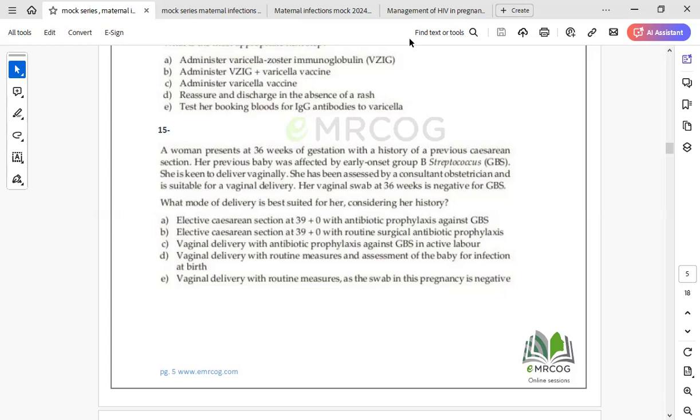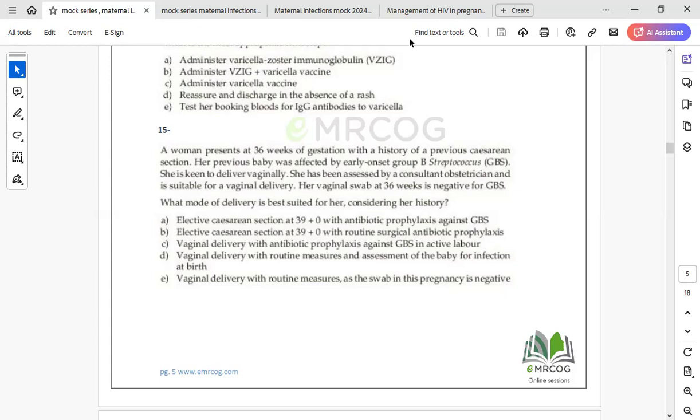Of course, as Dr. Rinko is saying, there is a possibility of false negative screening. And having a previous baby who has been affected by GBS is one of the indications that the ideal management for this woman would be giving her IAP in active labor.